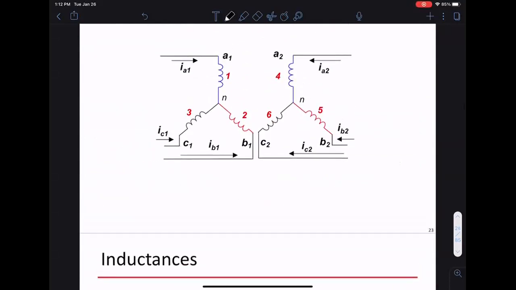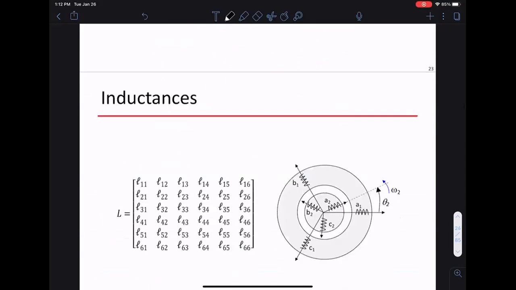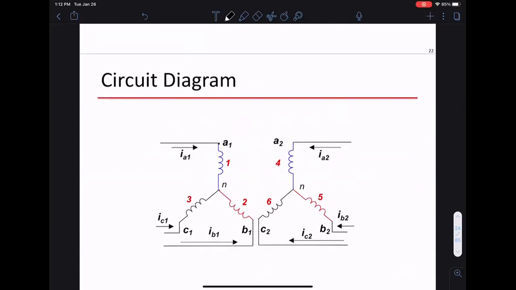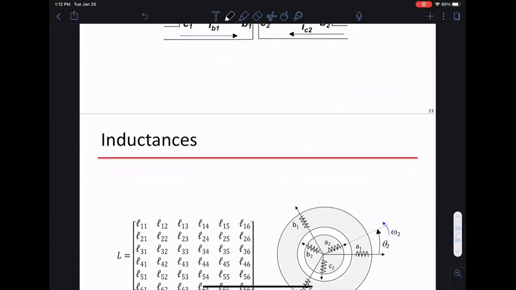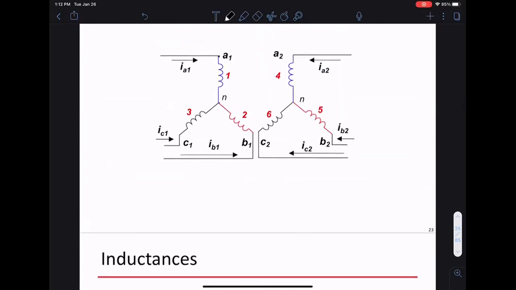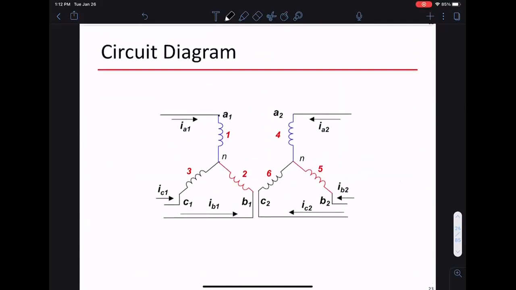I care about the inductance between myself and the neutral, that's L11. What is the inductance between myself and, say, 2, A1 across 2? That's L12, and so on. So you have a 6x6 matrix that characterizes how the inductors interact with one another, to track how they behave.